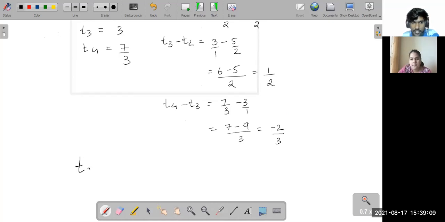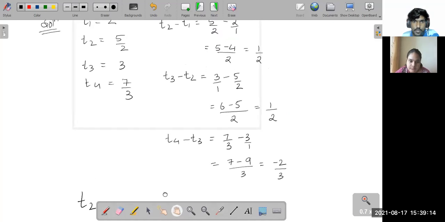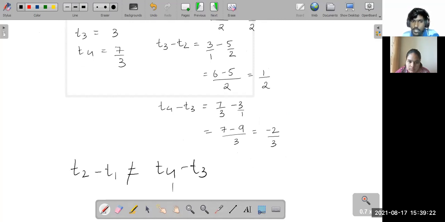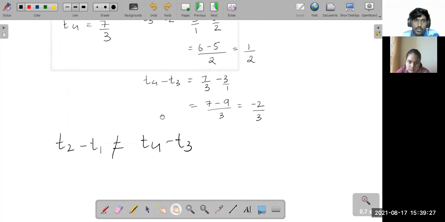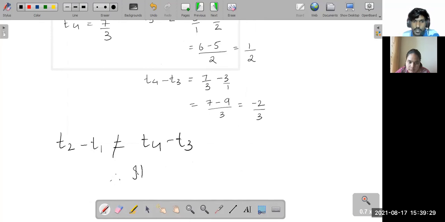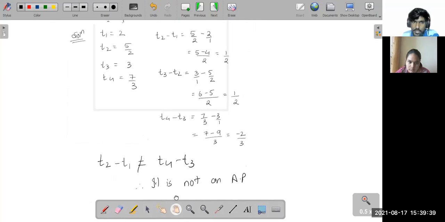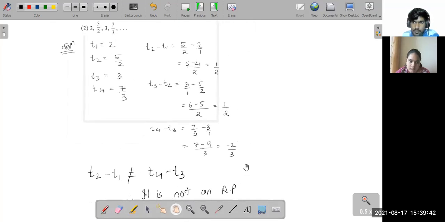You can write: T2 minus T1 is not equal to T4 minus T3, they are not equal, therefore it is not an AP. Is this clear? Have you understood why it is not an AP? Okay, write it down.